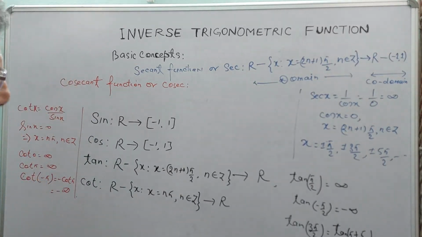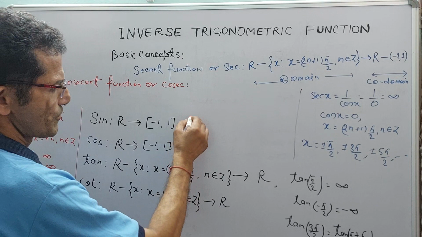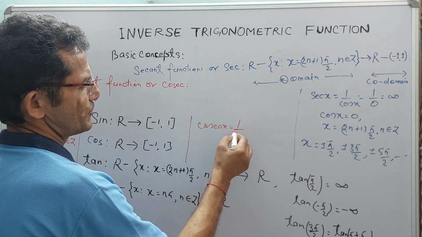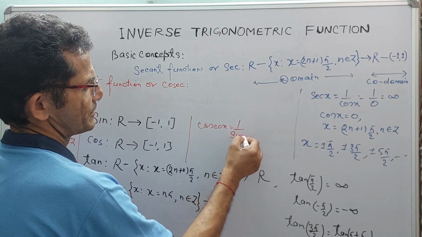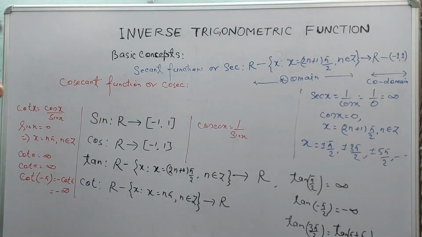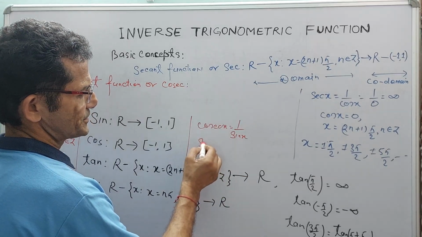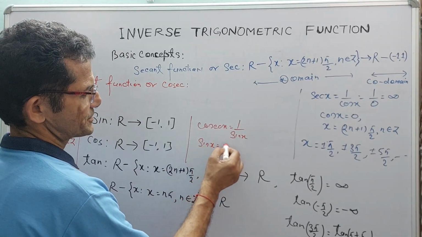We already know that cosec x is equal to 1 by sin x, so we have to exclude the angles for which sin x is equal to 0.